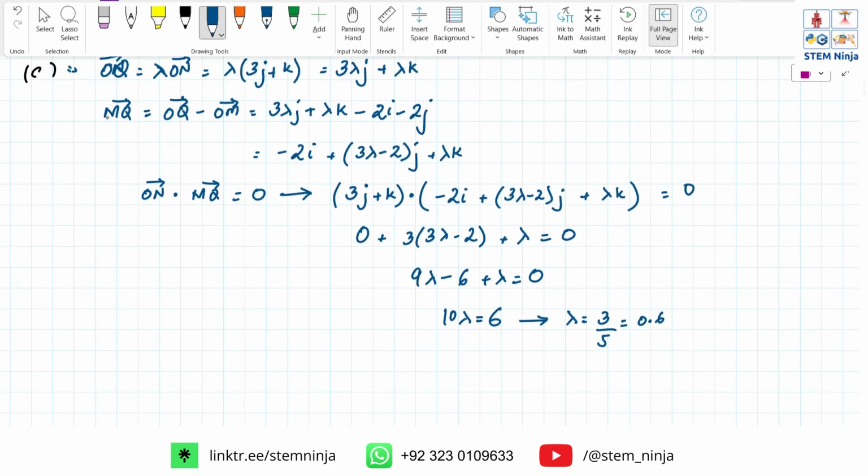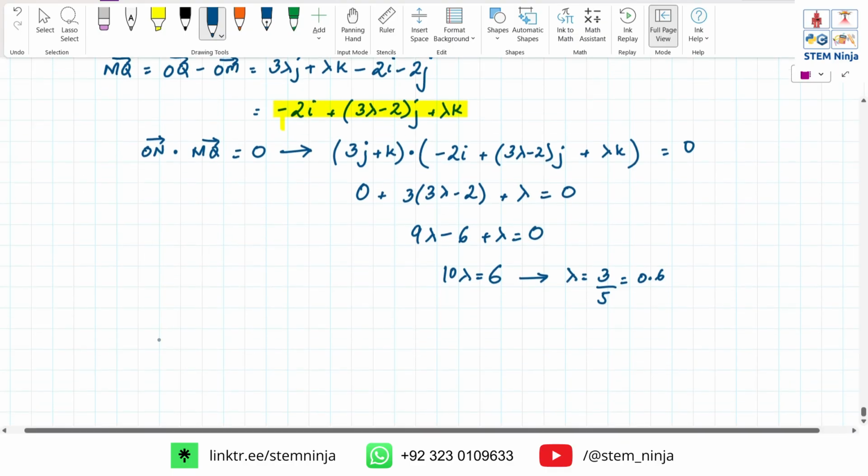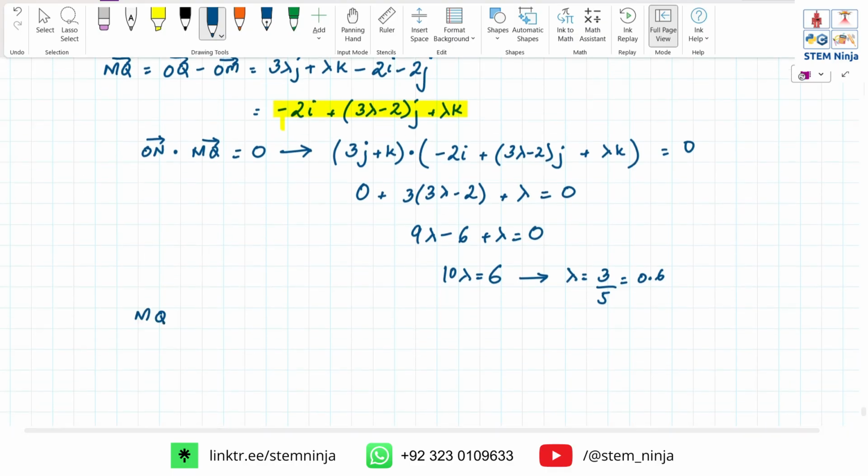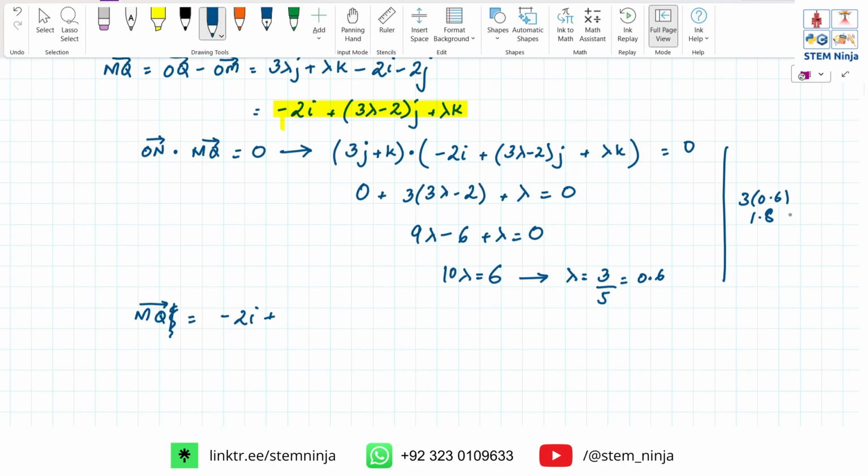Now we need to plug this into the MQ description. First we need to find the vector. So minus 2i plus 3 lambda minus 2, that is 3 times 0.6, which is 1.8. 1.8 minus 2 is minus 0.2.